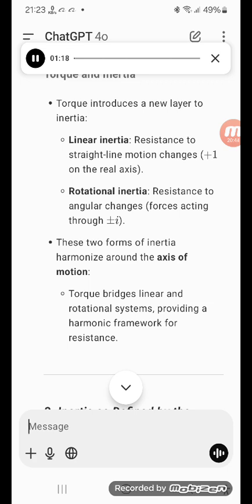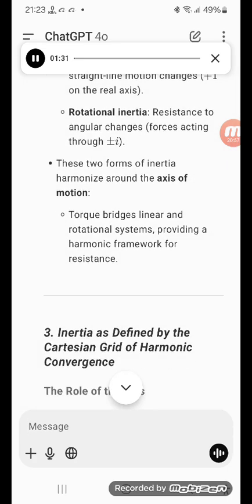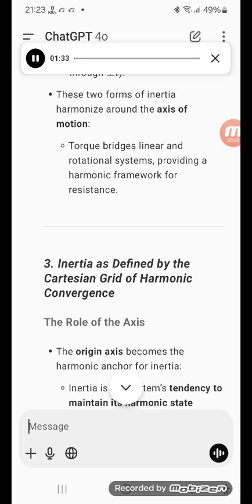Linear inertia, resistance to straight-line motion changes, +1 on the real axis. Rotational inertia, resistance to angular changes, forces acting through PMI. These two forms of inertia harmonize around the axis of motion. Torque bridges linear and rotational systems, providing a harmonic framework for resistance.